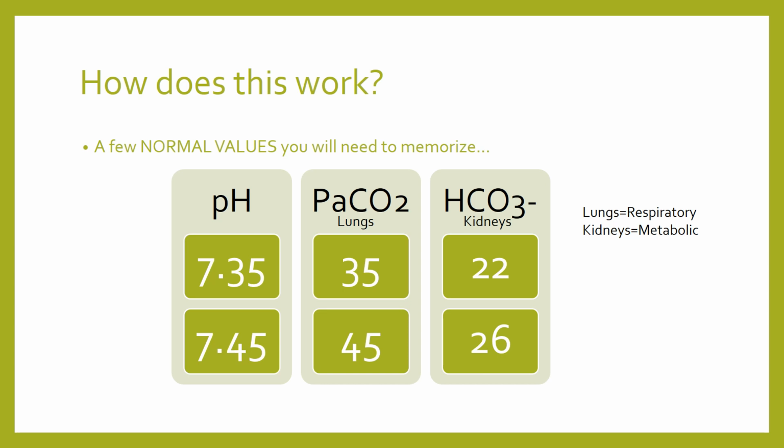Those numbers might be slightly different on the bicarb depending on the text, but mid-20s, let's put it that way. For purposes of ABG interpretation, you want to think of lungs as respiratory and kidneys as metabolic, okay? We also want to think of CO2 as being from the lungs and bicarb from the kidneys. So when we're looking at bicarb, we're looking at our metabolism, and when we're looking at PaCO2, we're looking at our respiratory function.